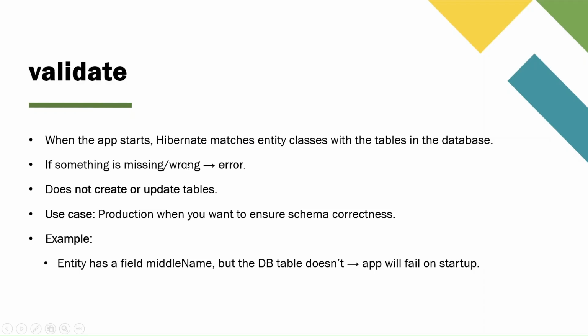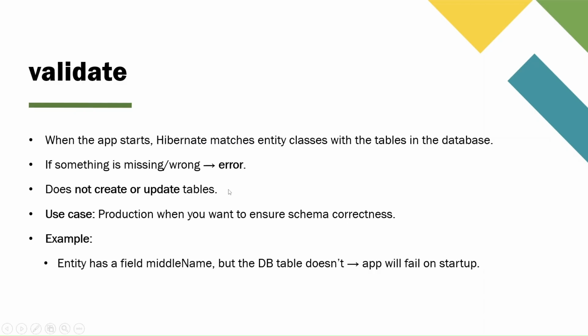What is wrong? We changed the salary column type to salaries in our entity. At that time, we also got the exception. So this statement is also clear. Point number three: validate does not create or update tables. That is true.